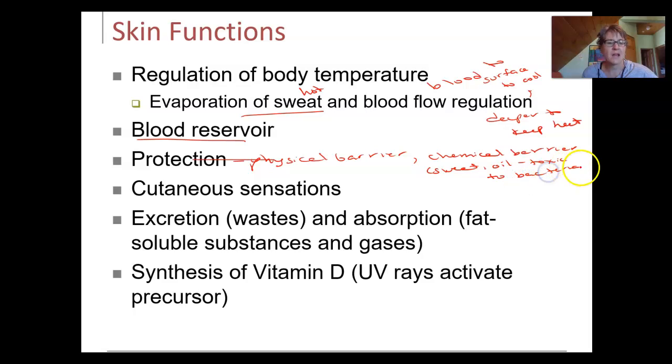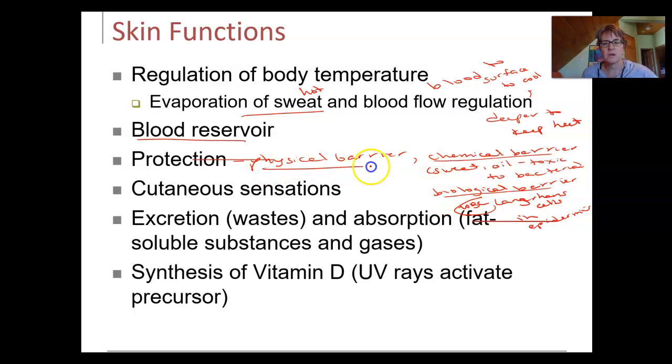It is a biological barrier. I should have really expanded this because we have those Langerhans cells in our epidermis, keeping out the nasties. Okay, that white blood cell. So that's why it's considered also a biological barrier. So if it's a biological barrier, a chemical barrier, physical barrier, all of these are contributing to protection.